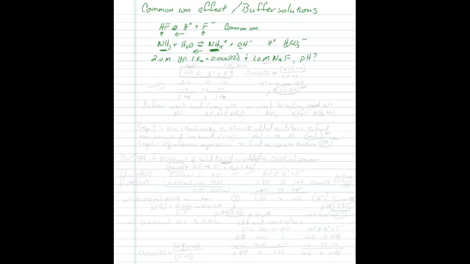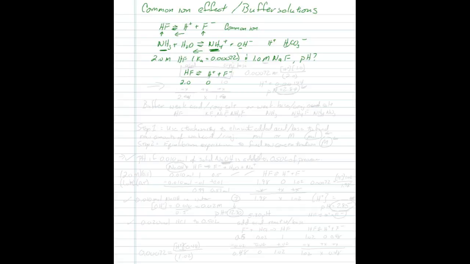Well, in the past, all you've had is the HF equilibrium, H plus F minus. This is 2.0 molar, and in the past, this has been 0, and this has been 0.